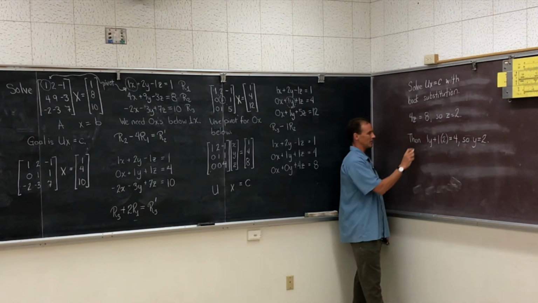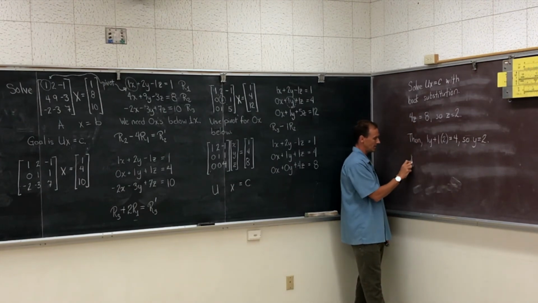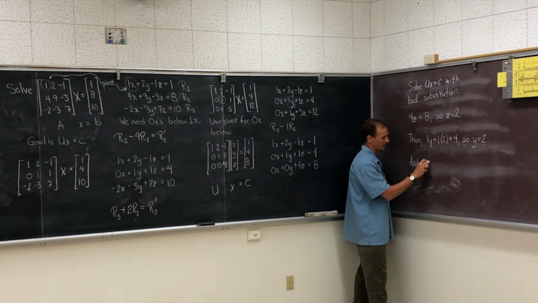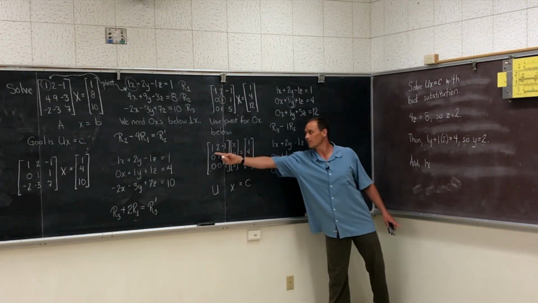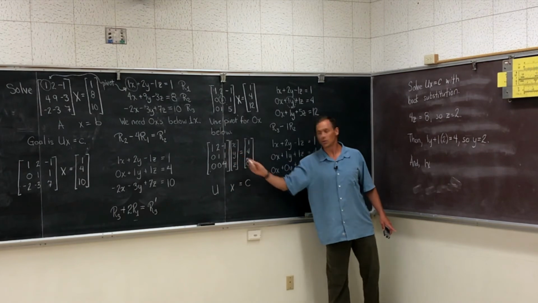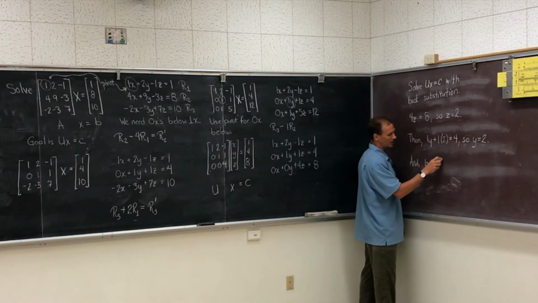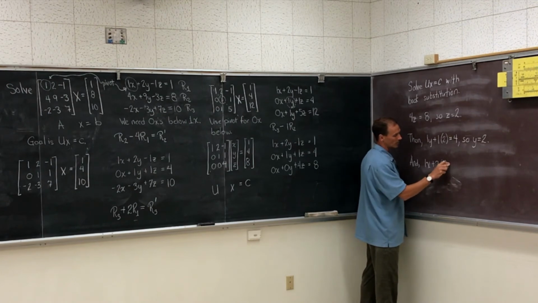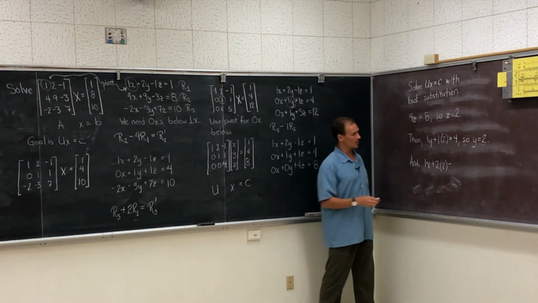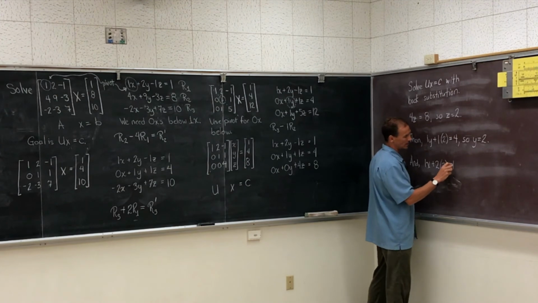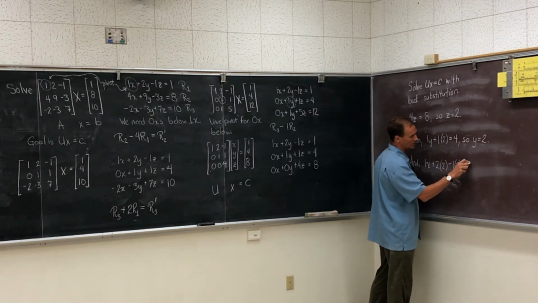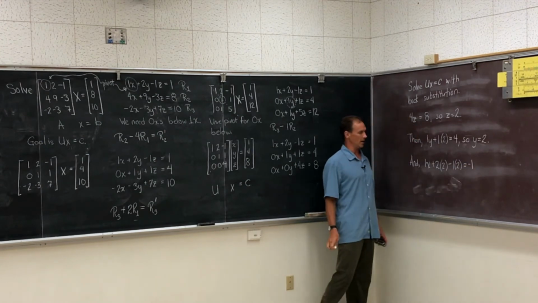Oh, and our last one says that 1x plus 2 times y, and y is 2, minus 1 times z, z is also 2, has to equal minus 1.